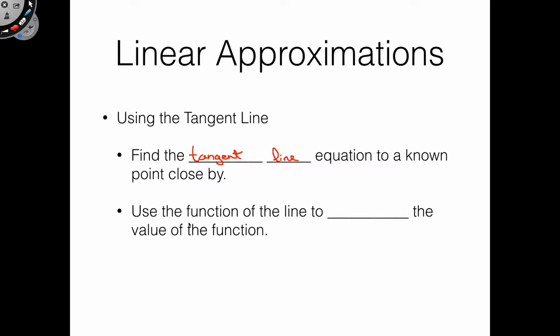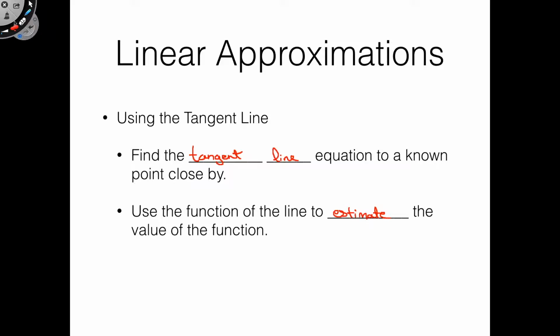And then you use the function of the line to estimate the value of the function. You'd use this function to spit out a value that you could use as a reasonable estimate for what the value of your function would be at the point. Okay, so this is what we would really do.